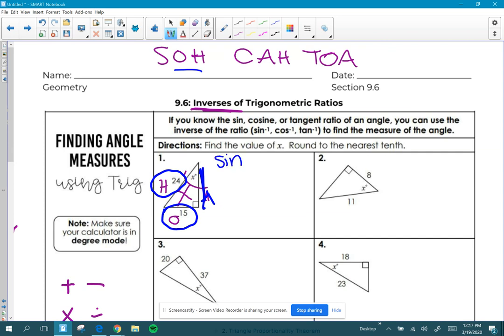Now it's always sine of the angle. So here my angle is x. And then that equals the opposite, which is 15 over the hypotenuse, which is 24. Now, don't freak out. Don't touch these fractions yet. Think back to solving a standard multi-step equation, right?